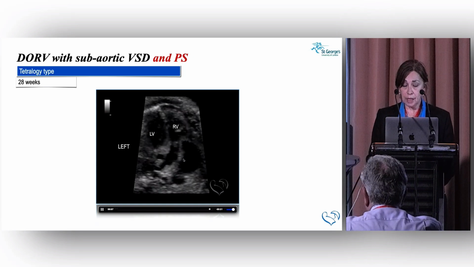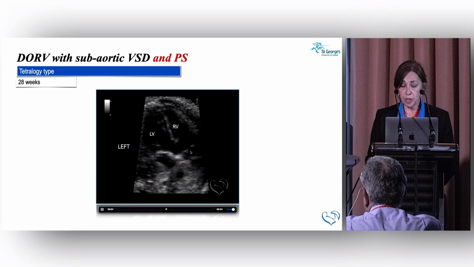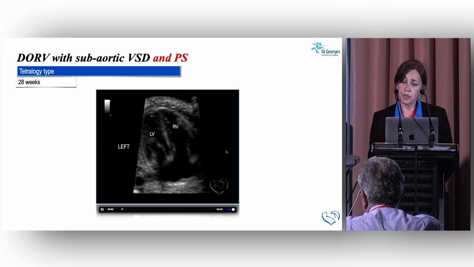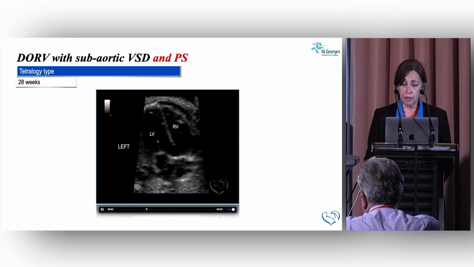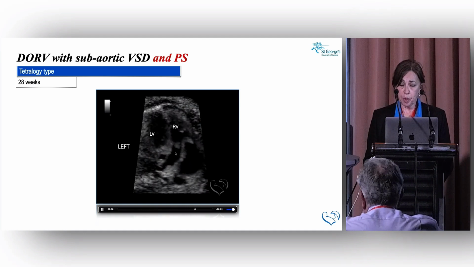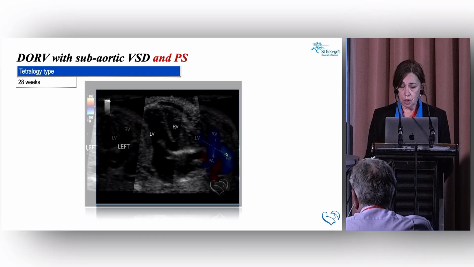In this particular case, there's a bit of thickening of the pulmonary valve. The aorta is much bigger than the pulmonary. So in terms of physiology, this is blood coming from the left ventricle through the VSD into the aorta, and we have pulmonary stenosis with a slightly smaller pulmonary artery.